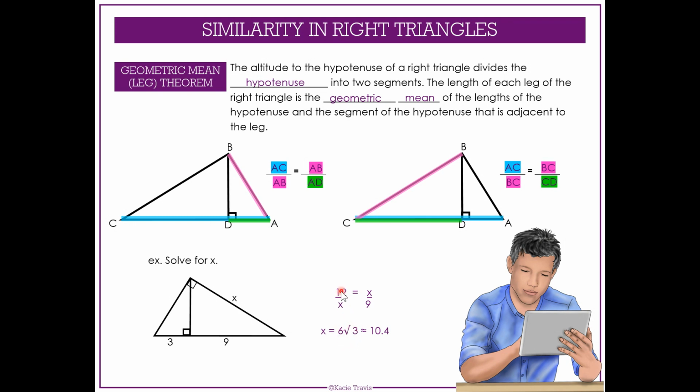Now, originally, you had 9 times 12. 9 times 12 is 108. When you take the square root of 108, it's a decimal. That decimal is around 10.4. You can give me the radical form, which our calculator will most likely give you, or you can go through and give me the decimal form. Either one will be acceptable.